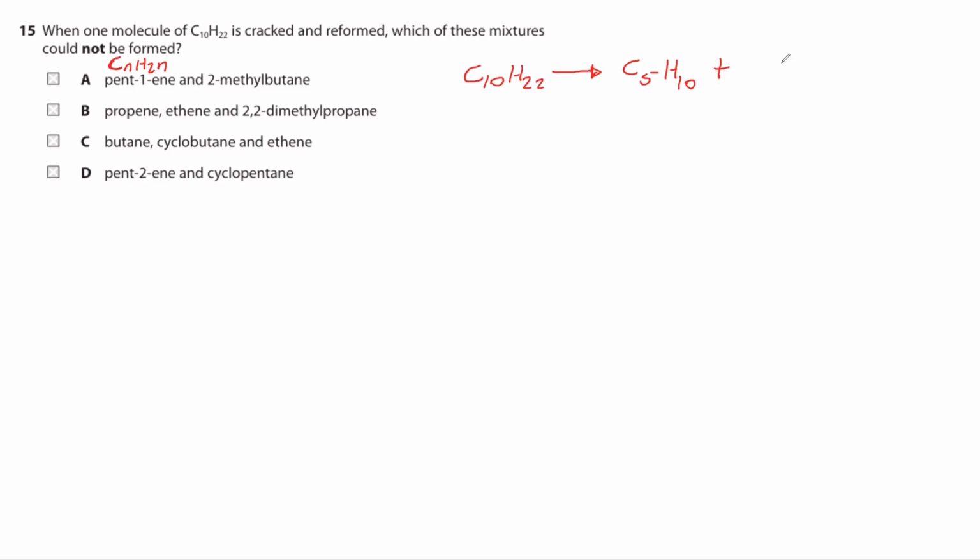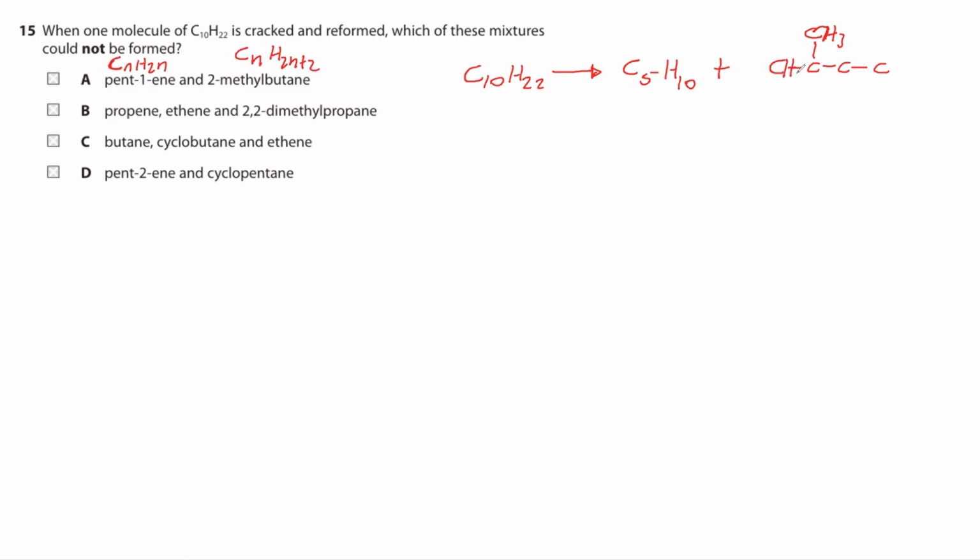2-methylbutane: 1, 2, 3, 4, and in the second carbon, there's a methyl group. Methyl group is CH3, no? So it's an alkane with 5 carbon atoms. We know the general formula of alkane is CnH2n+2.